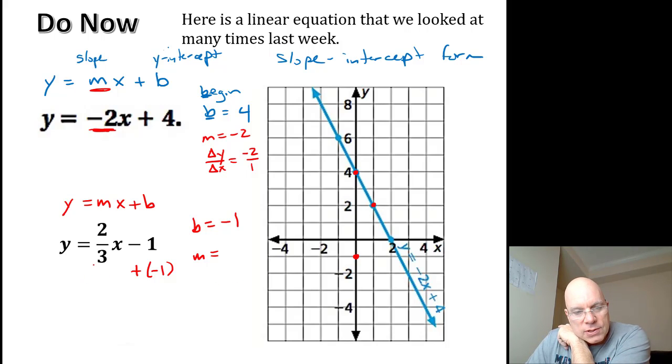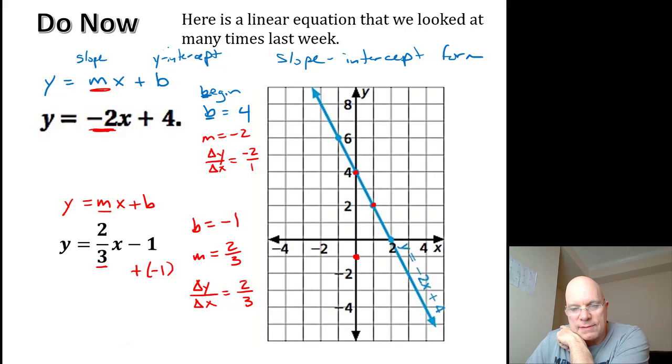The 2/3 is going to give me my other point because it's mx plus b, and I have 2/3 x. So m is 2/3. M is the slope, delta y over delta x. So if delta y over delta x is positive 2 over positive 3, from the y-intercept, the only point I know, I apply this vertical change.